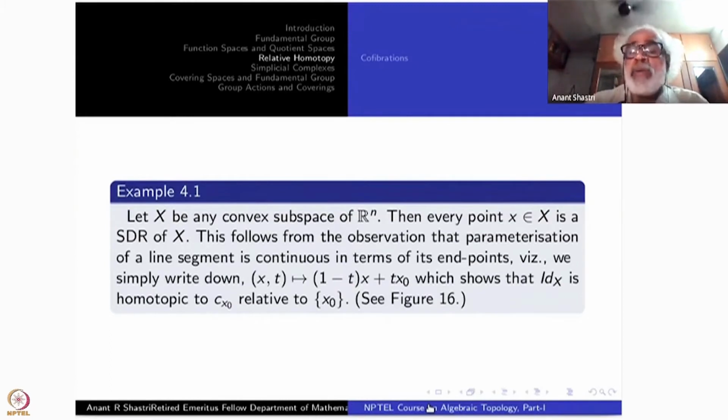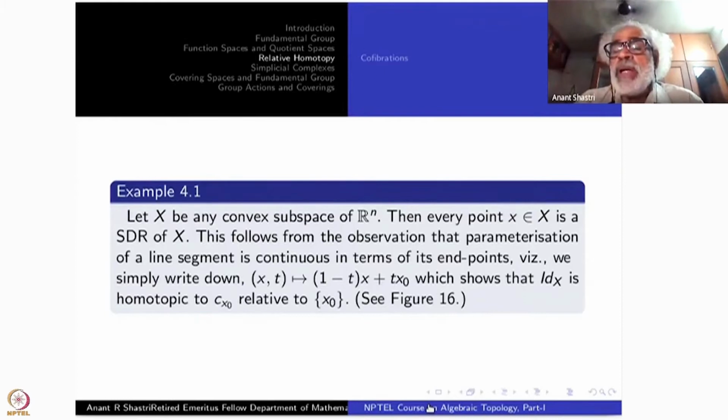Take any convex subspace of R^n. Then every point x naught is a strong deformation retract of X. While proving that a convex set is contractible is precisely what we had seen.